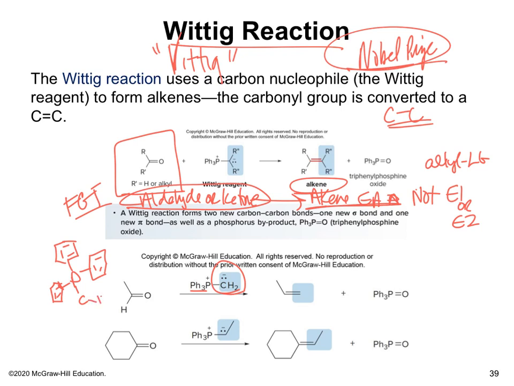So CH2, this is a double bond. See, carbon likes 4 bonds, right? Phosphorus likes 5 bonds. Okay, so phosphorus has 5 bonds. And then here, this is just showing you the negative and the positive.